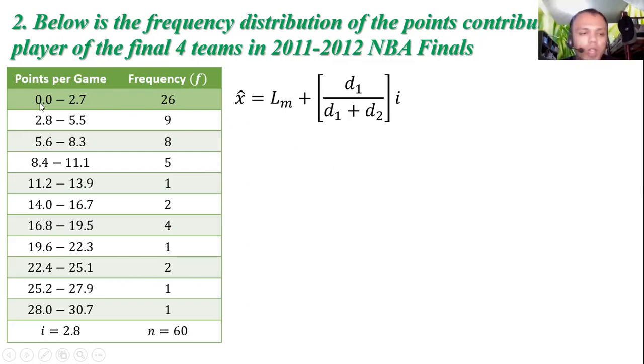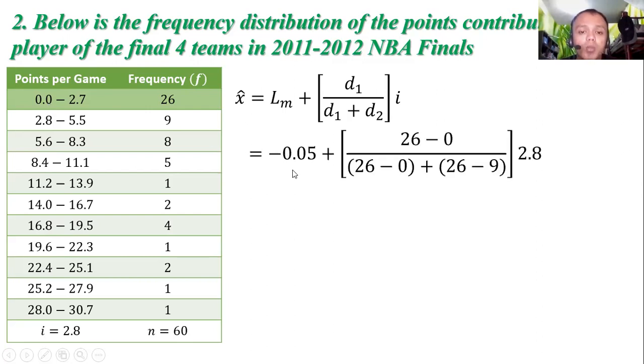We have 0.0 minus 0.05, that would be equal to negative 0.05, plus your D sub 1, the frequency of the modal class minus its preceding, there is no preceding here, so 0, over 26 minus 0 again because there is nothing above, plus the succeeding for D sub 2, 26 minus 9, times your i here, 2.8.